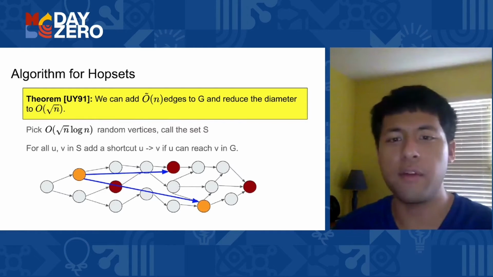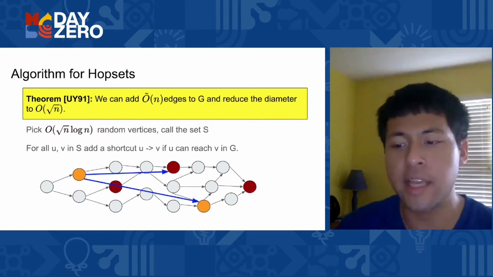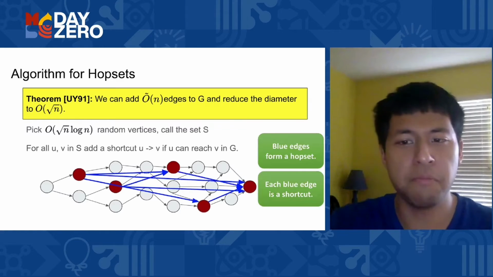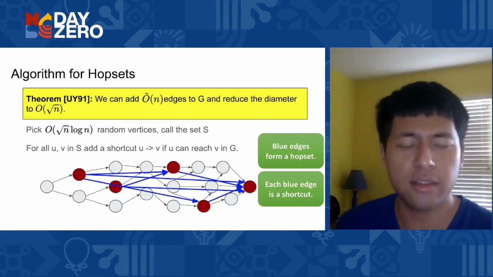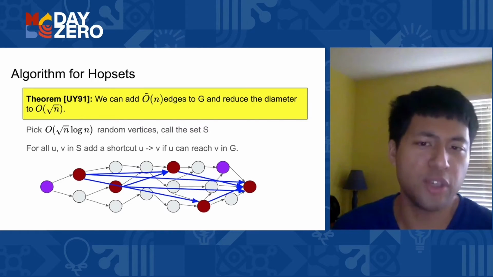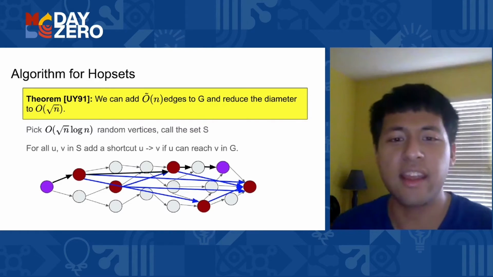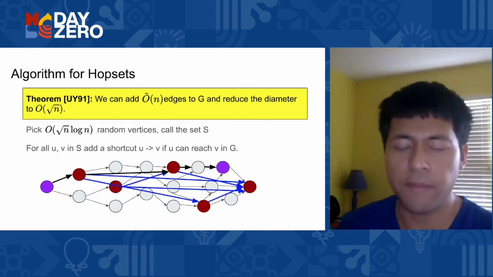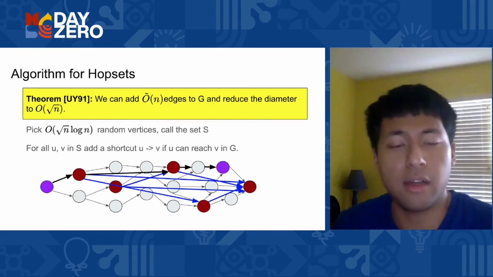I'm just checking for every pair of vertices, can one reach the other, and adding an edge if we can. So that's my Hopset made up of the blue shortcut edges. And now say I wanted to decide again whether the purple vertices can reach each other. Well, I can now just go through the Hopset edge, and now my path is much shorter. So I can implement the BFS more efficiently in parallel.